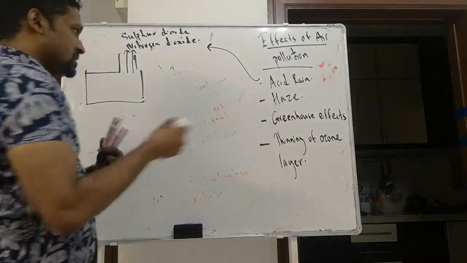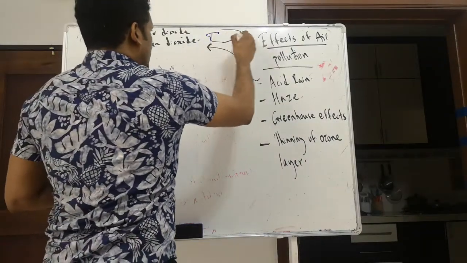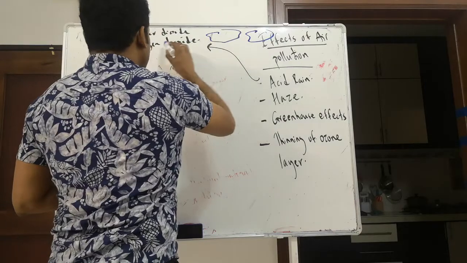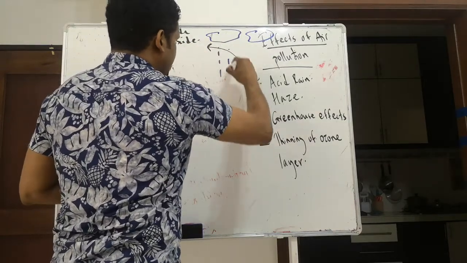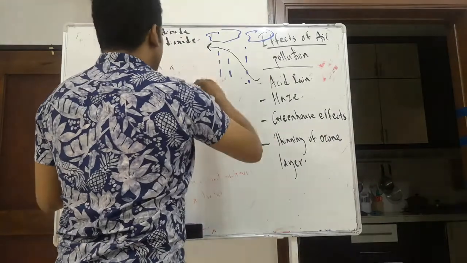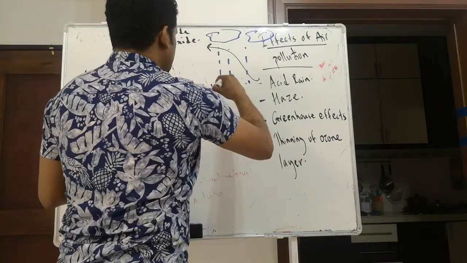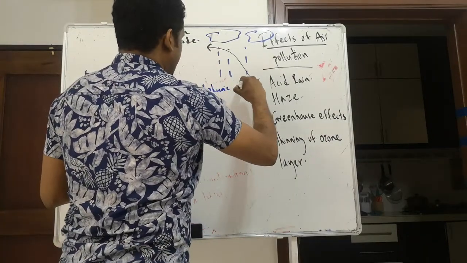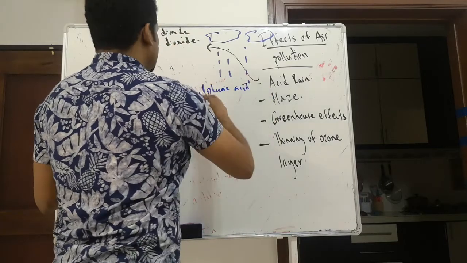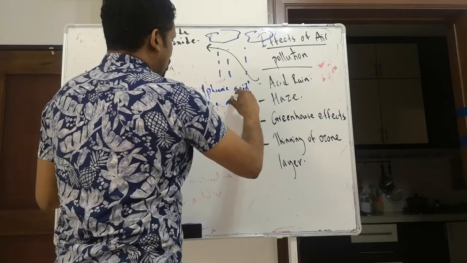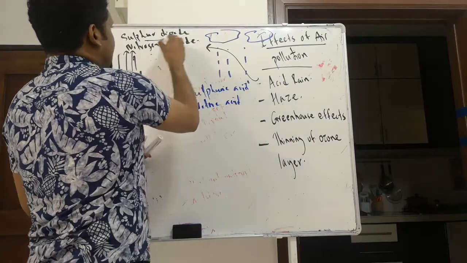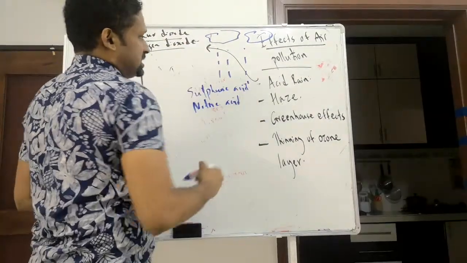What will happen is, with the water vapor present in the clouds, the sulfur dioxide and nitrogen dioxide combine, then come back down as rain. Sulfur dioxide becomes sulfuric acid, nitrogen dioxide becomes nitric acid. When water is present, these two gases become these two acids.